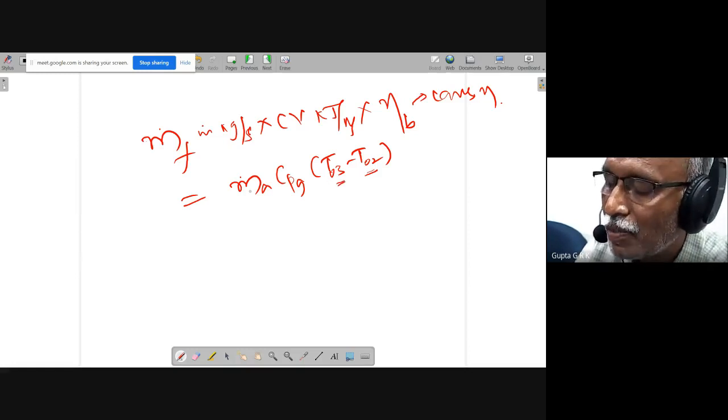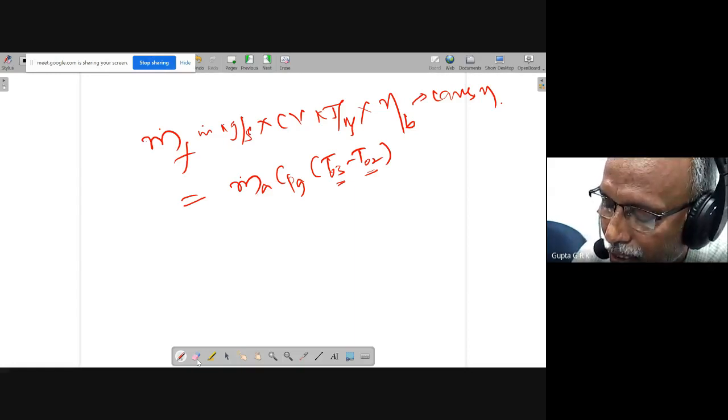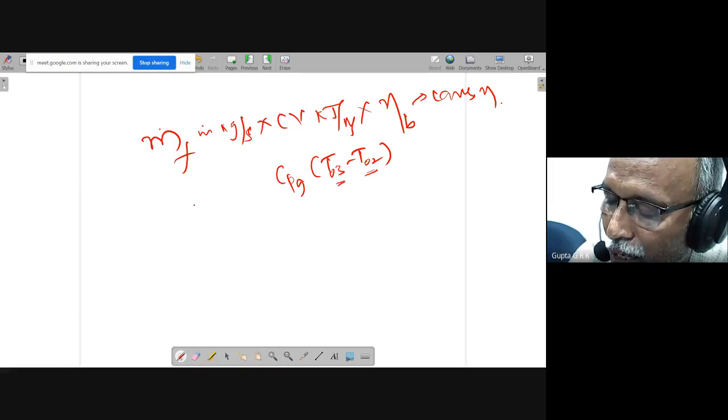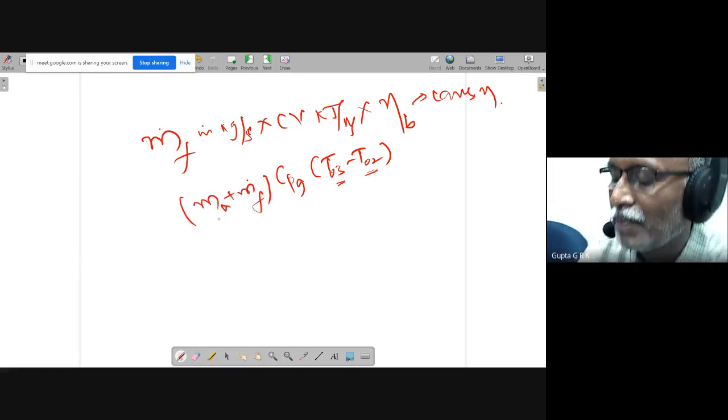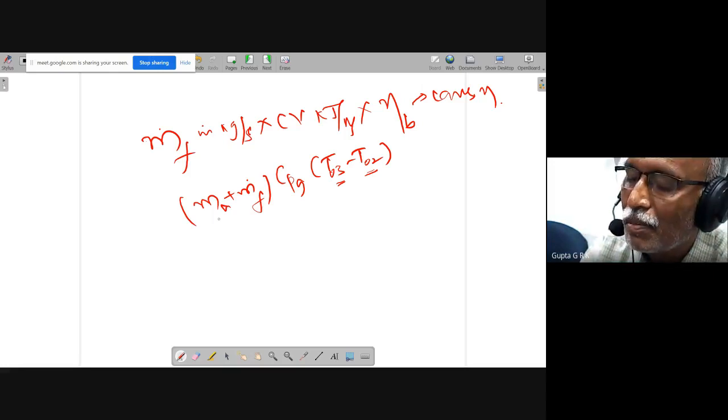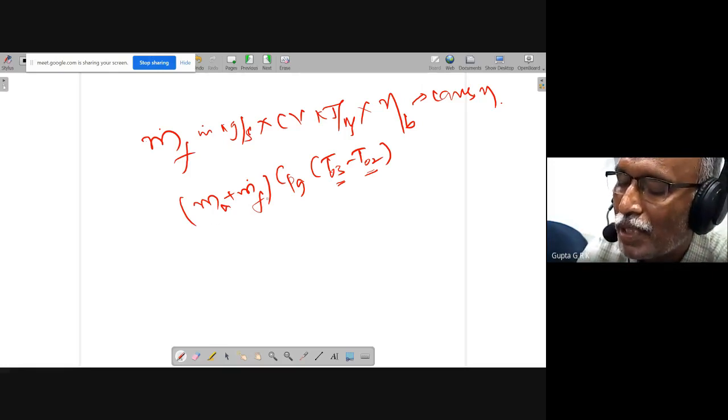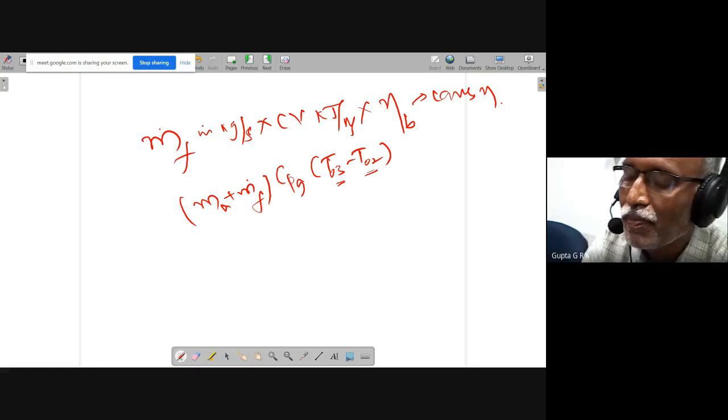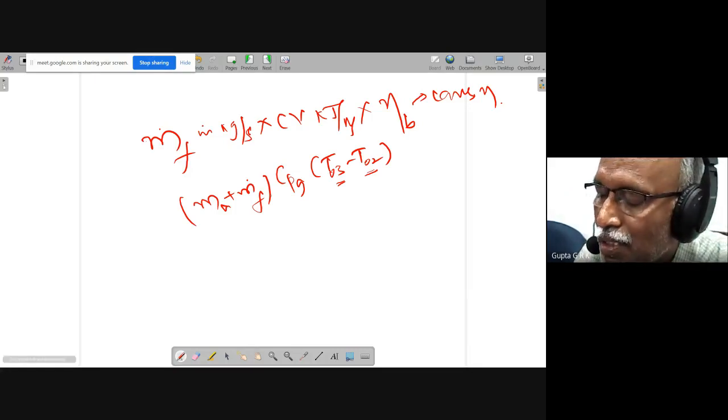So this is the formula. Actually, it is not m dot A. If you want to write it correctly, I have to write m dot A plus m dot F, because in the combustion chamber, the total mass is m dot A plus m dot F. So this is the formula.